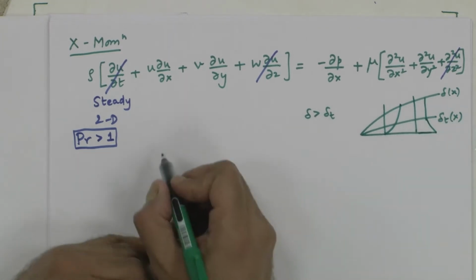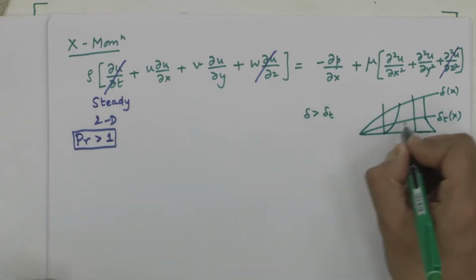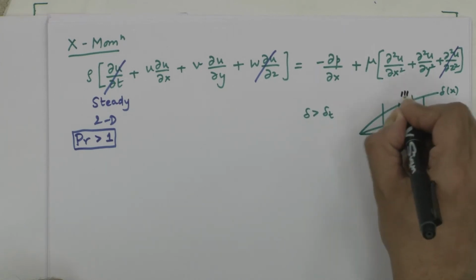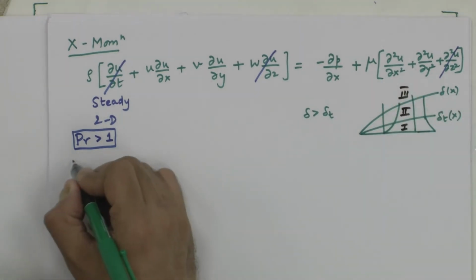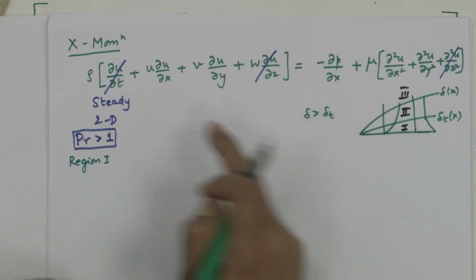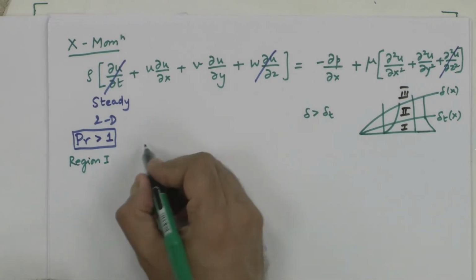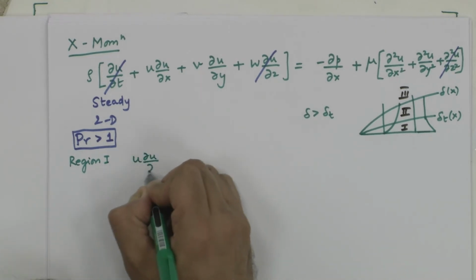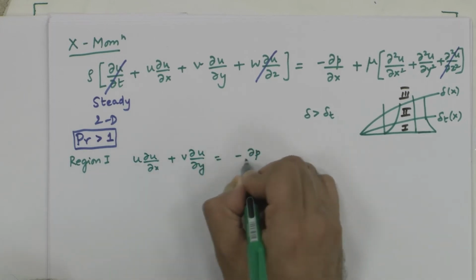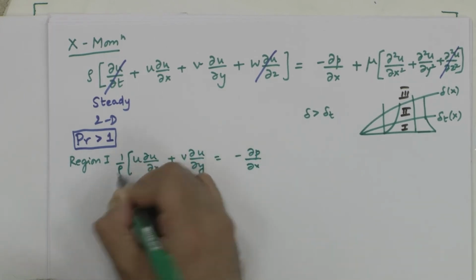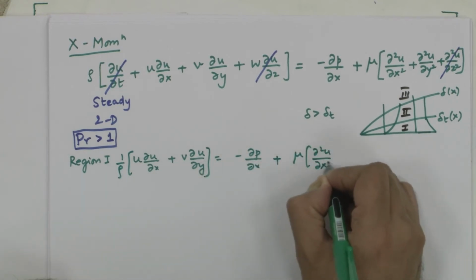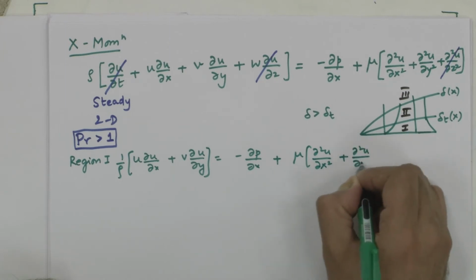Okay. So, I will write this for 3 regions. In region 1, u is completely varying. So, the equation remains just as it is, u du by dx plus v du by dy equal to minus 1 by rho dp by dx, plus mu times d squared u by dx squared plus d squared u by dy squared.